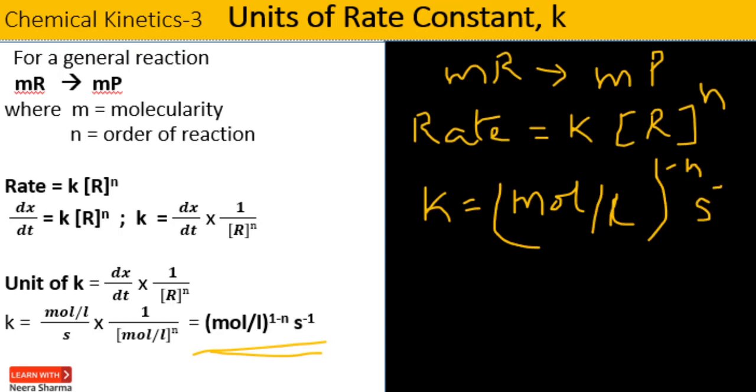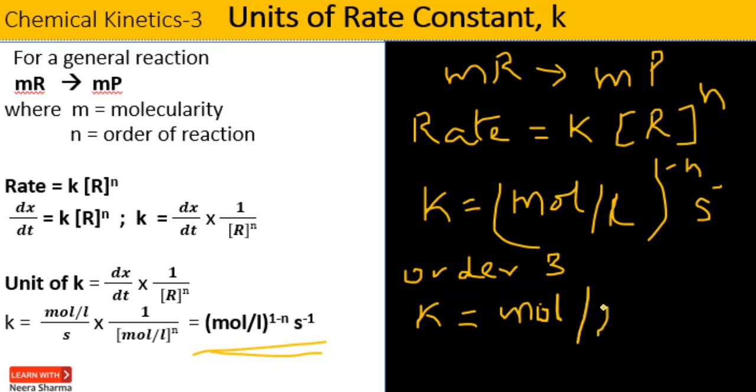Suppose we have order 3 and we have to calculate the unit of K. K would be equal to mole per liter to the power 1 minus n. What is n here? 3, second inverse.